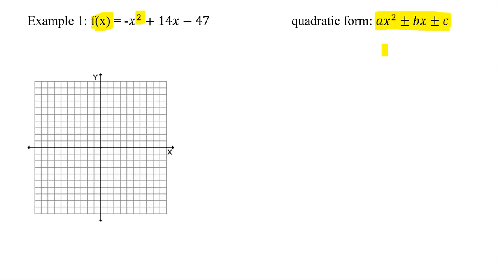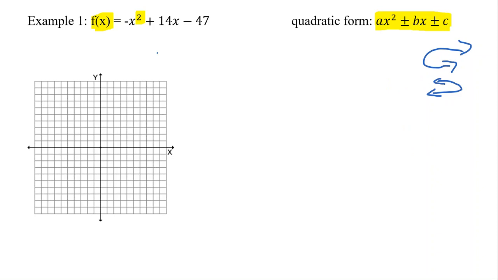What we need to determine before we start graphing is if this quadratic opens upward or downward. There will be times when it will open to the side, but for the scope of this class, we won't be solving for those unless we did the graphing of the inverse.